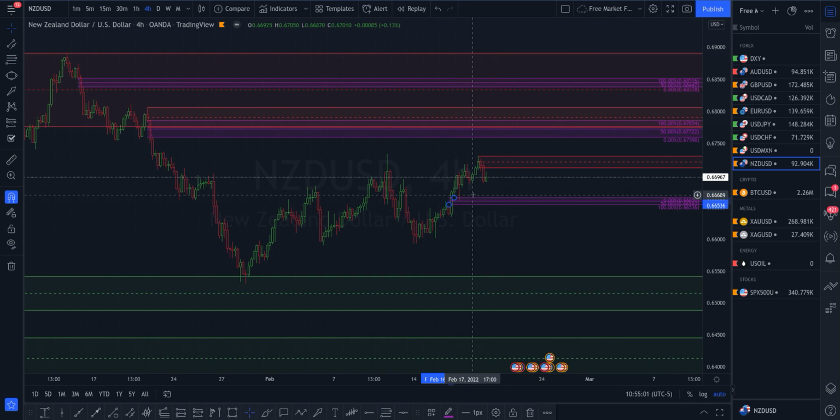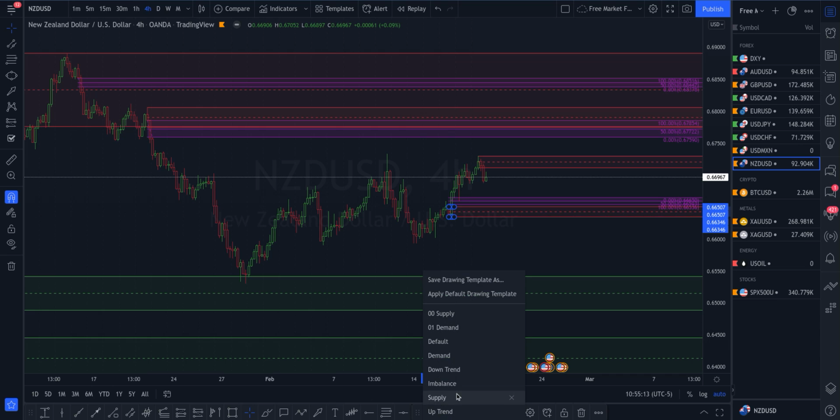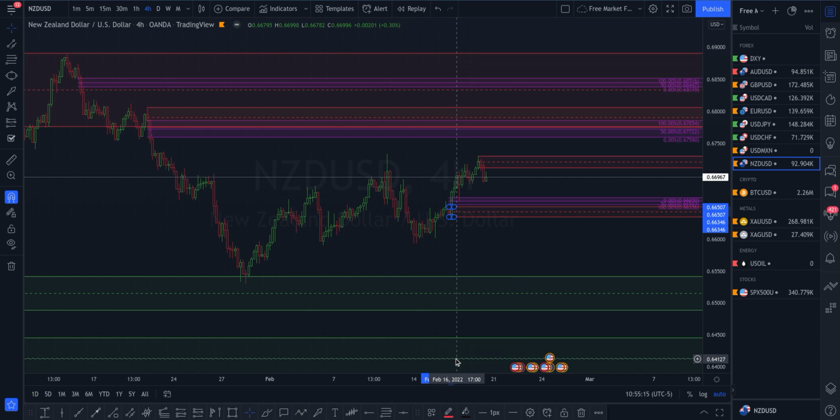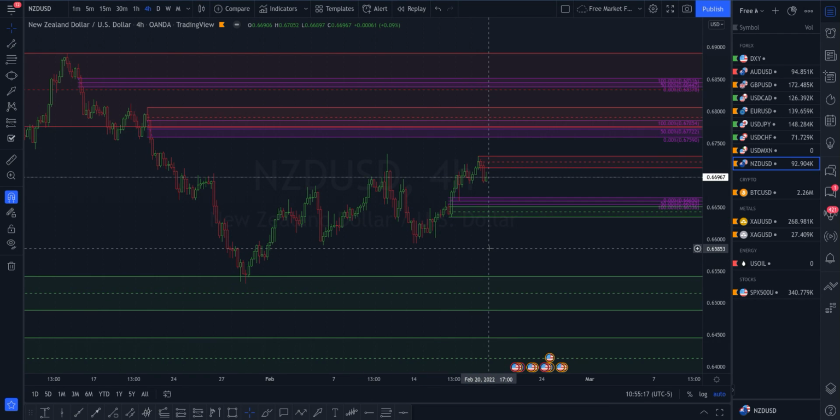We have imbalance that needs to be filled. We do have a rally base zone, demand zone right here on the 4-hour, that hasn't been mitigated. And let's grab our fib.